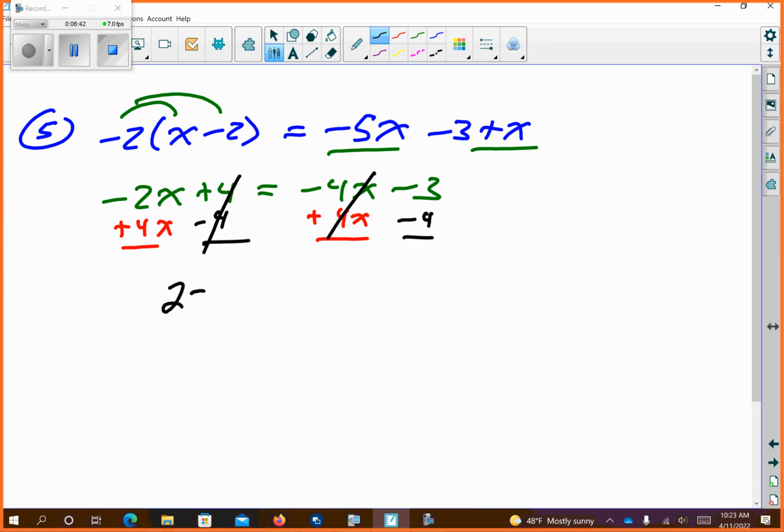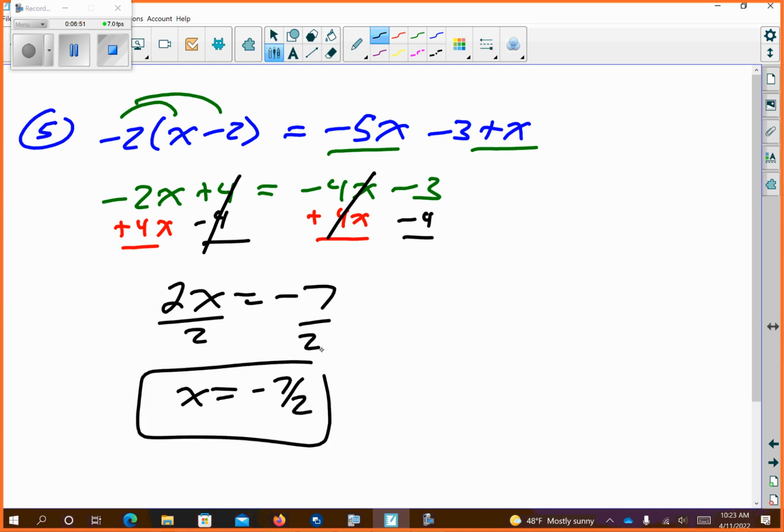That gives me 2x equals -7. Divide by 2. So x equals -7 over 2. So that's just a 5th or 6th week Algebra 1 first semester problem. Agree? There's not a squared term, so we don't have to use the quadratic formula.